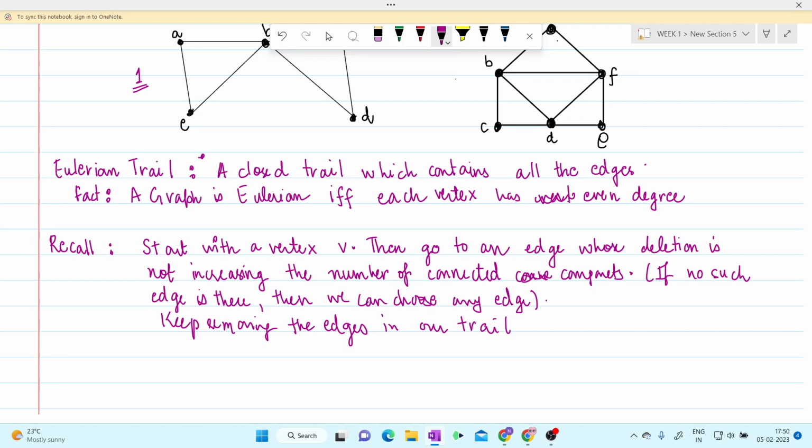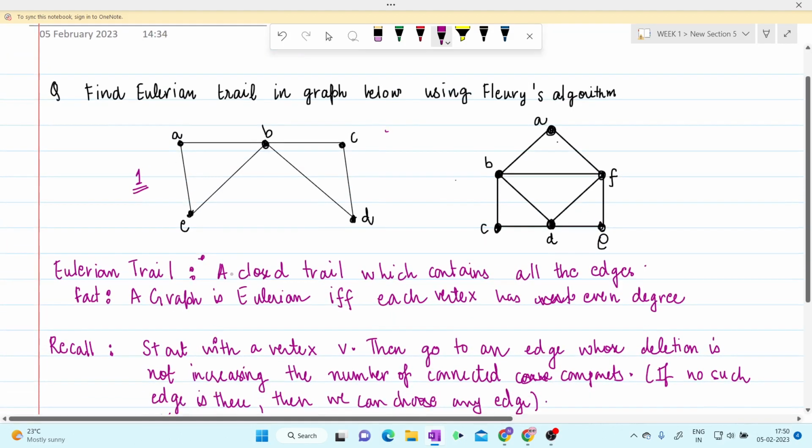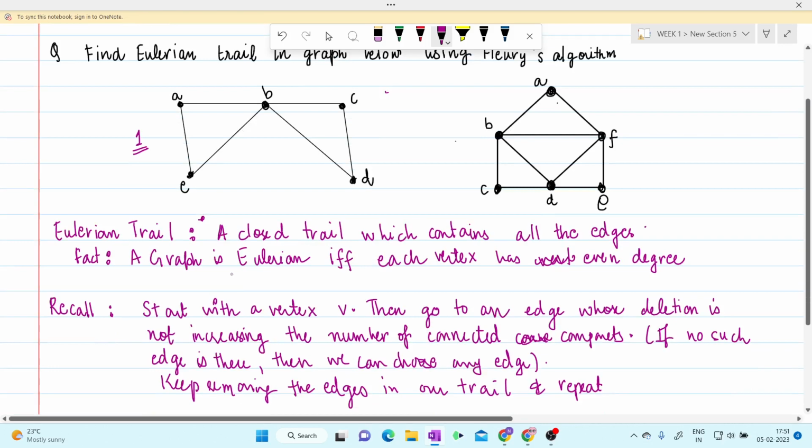So this is an algorithm to find the Eulerian trail.